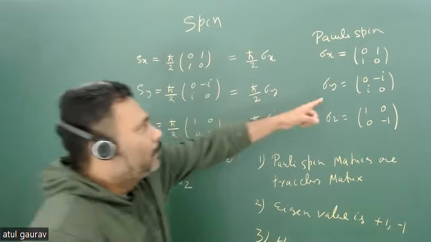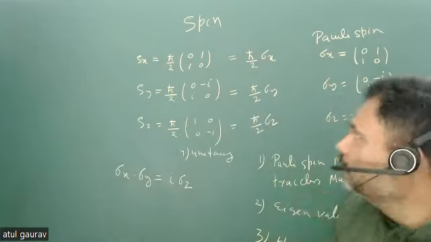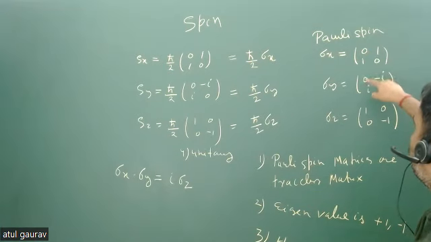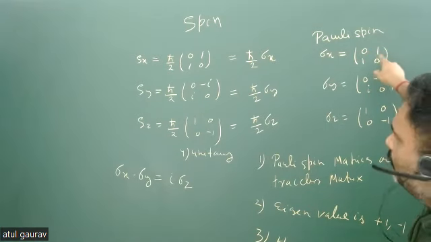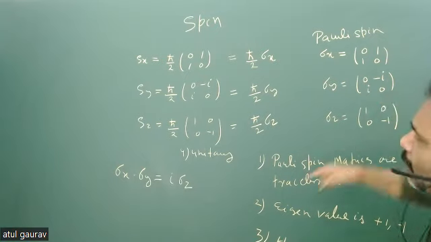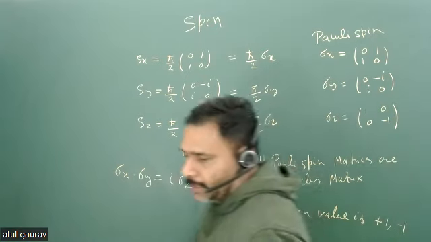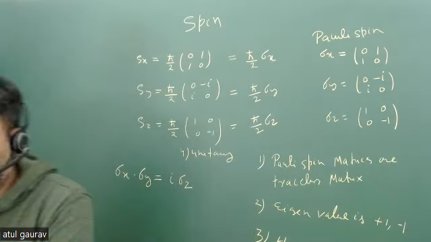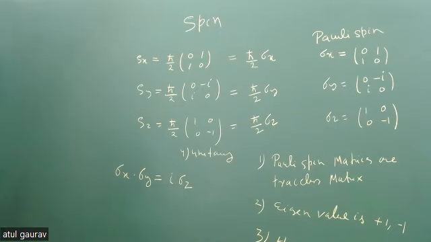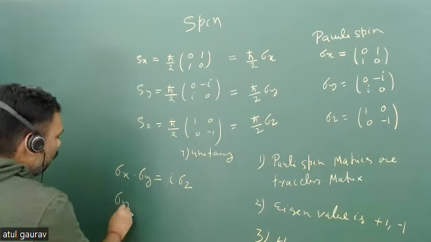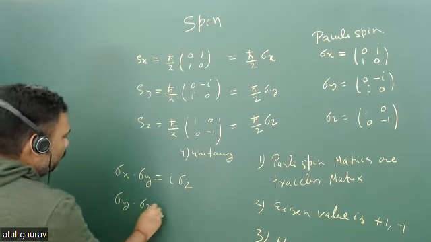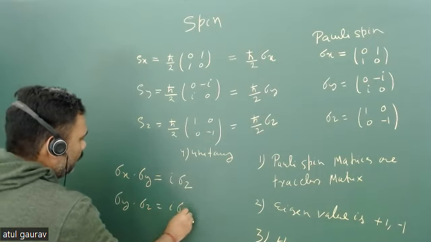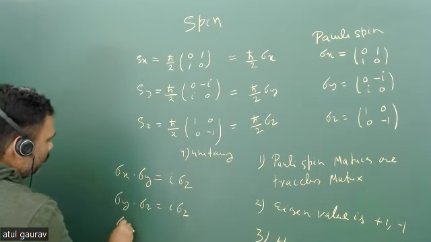You can easily multiply sigma x into sigma y. So you have i, and again this multiplies, so you have a diagonal matrix. Is it happening? You can check once. Yes or no? Yes, sir. Yes.